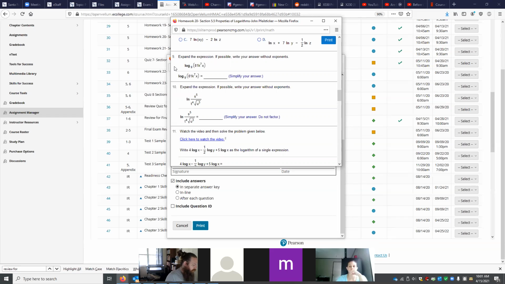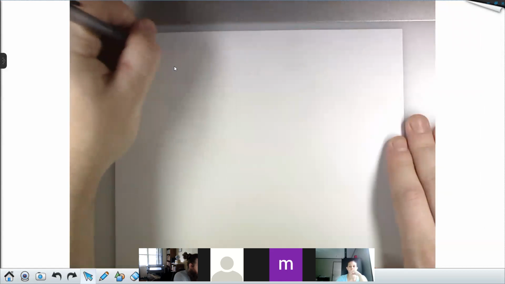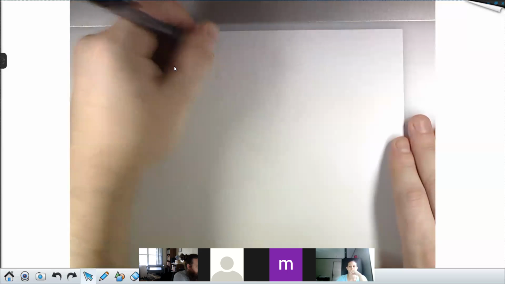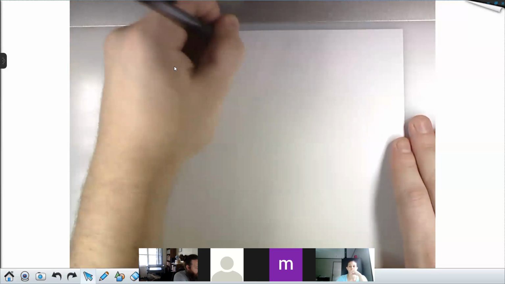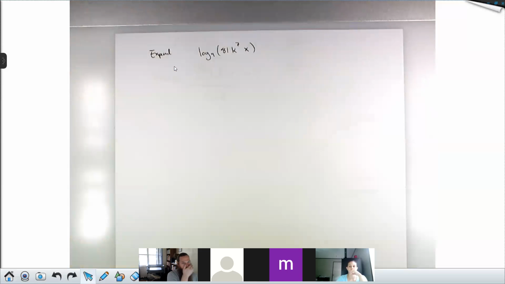So you've got a logarithm with a whole bunch of multiplication going on inside. So this is what we have. We want to expand this as much as possible.